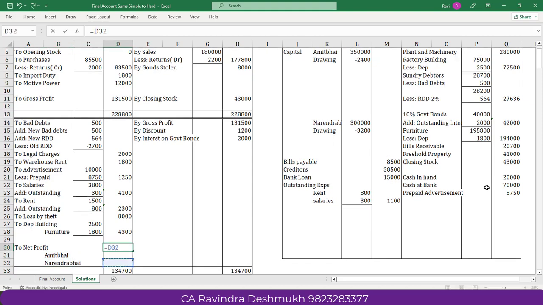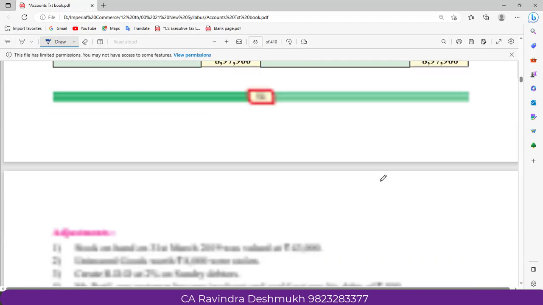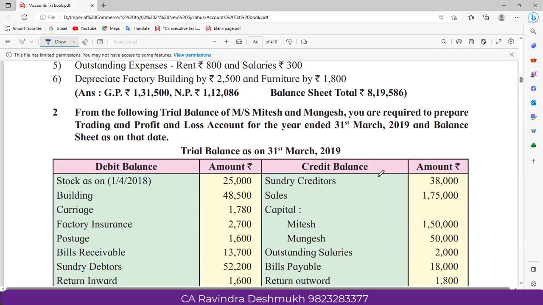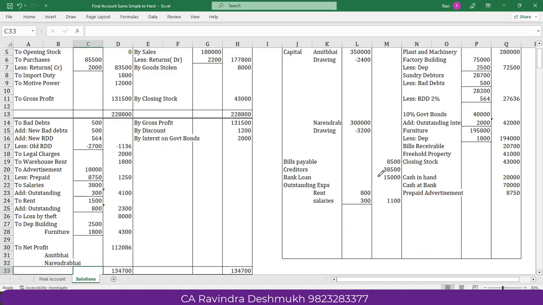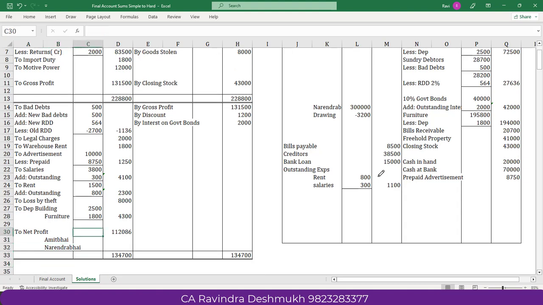So first, to find out, from your total of the credit side, the debit side total will be subtracted. For doing which, we need to take the total of this. And now this net profit is to be distributed between these two partners equally.